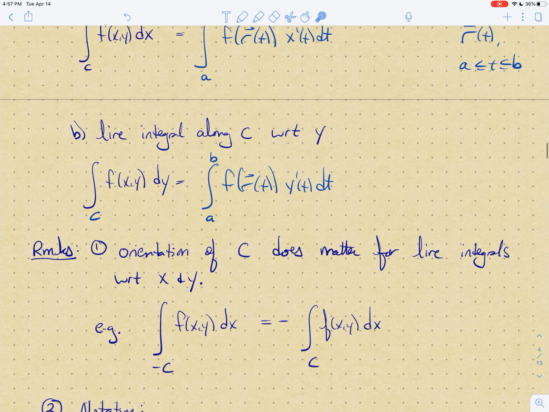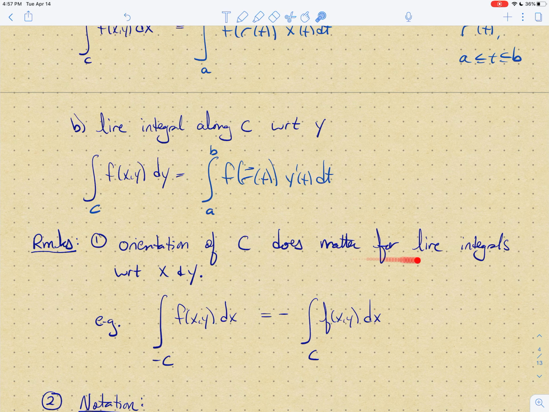A couple of comments. Orientation absolutely does matter for line integrals with respect to x and y. If we had a little more time, I'd draw a picture and show you, but for now, just take my word. If you look at the integral over C going in the opposite orientation, so minus C, it's just the opposite sign of the integral of f along C in the regular orientation.